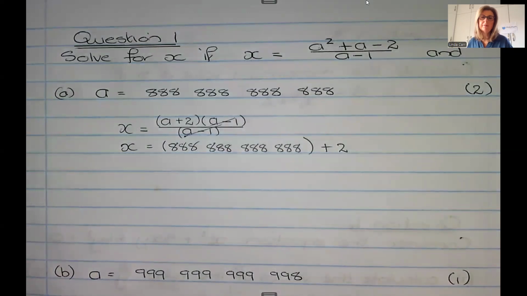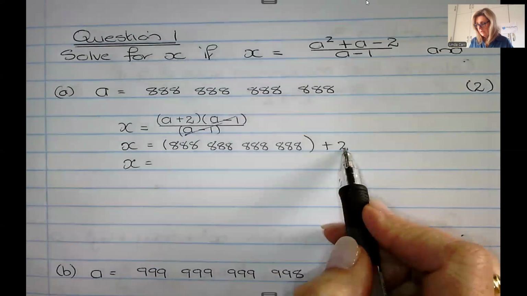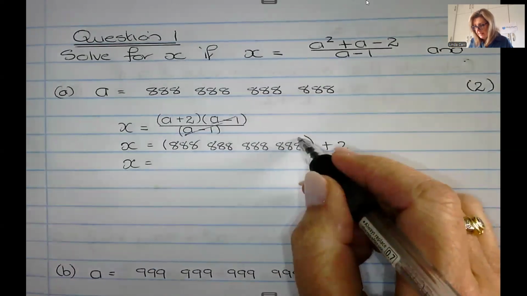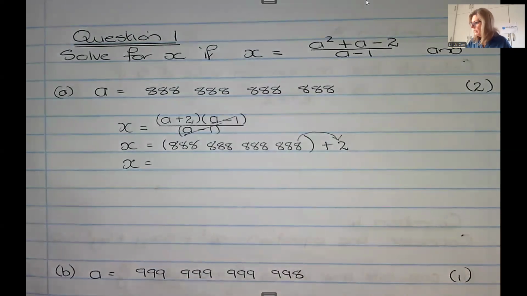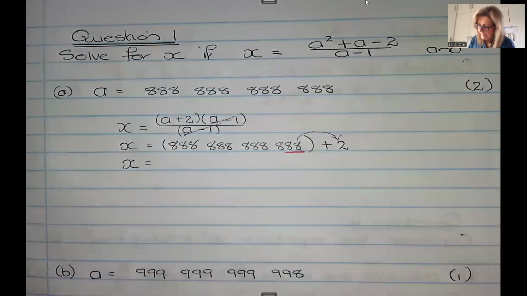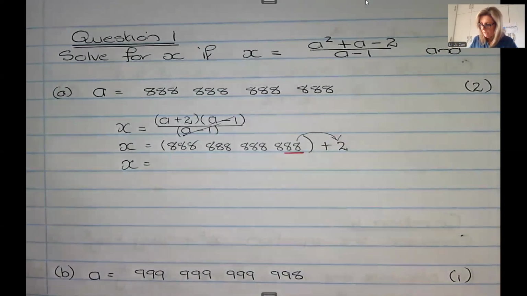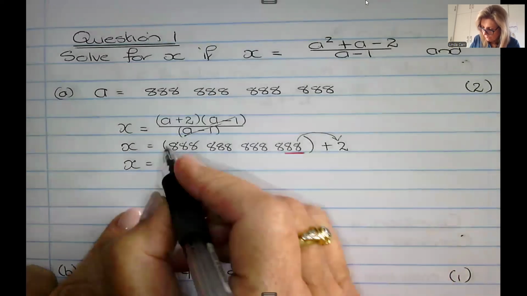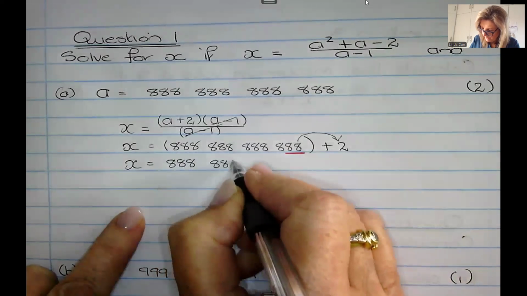And now all we've got to do is be careful not to be tricked by the plussing of 2. So it's the 8 at the end that's having the 2 added. So a good way to look at it would be to say it's 88 plus 2. Okay, so don't get caught out there. So it's only going to change the last two digits. These guys all stay the same.